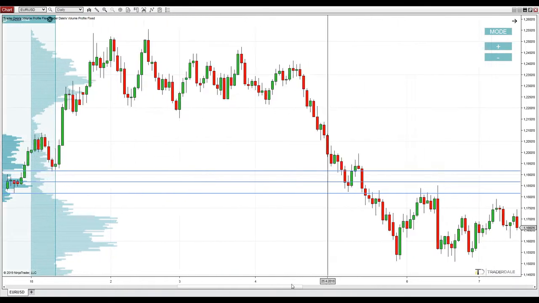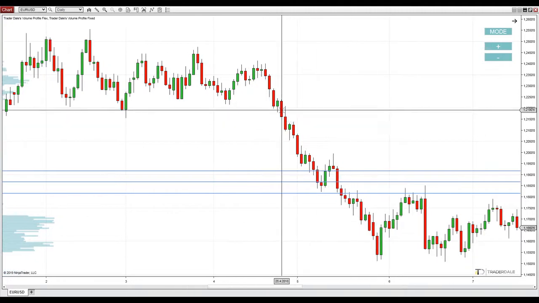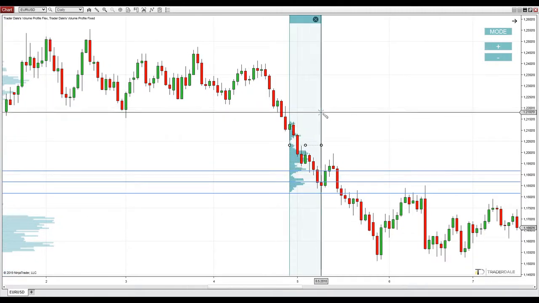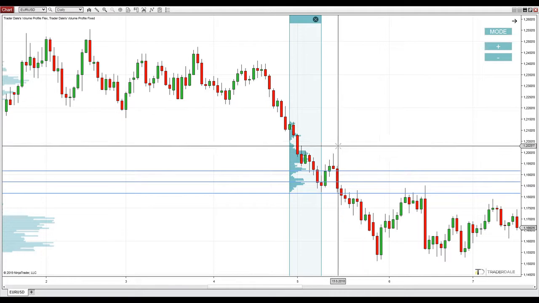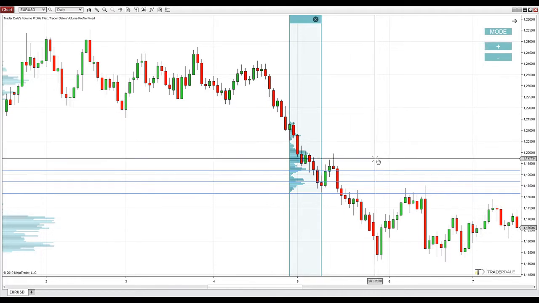Now, if I was trading and taking the take profits using the volume-based method, then it would be much better because I would have taken the take profit in here at this volume peak. So as you can see, I would have double the profit from this trade.